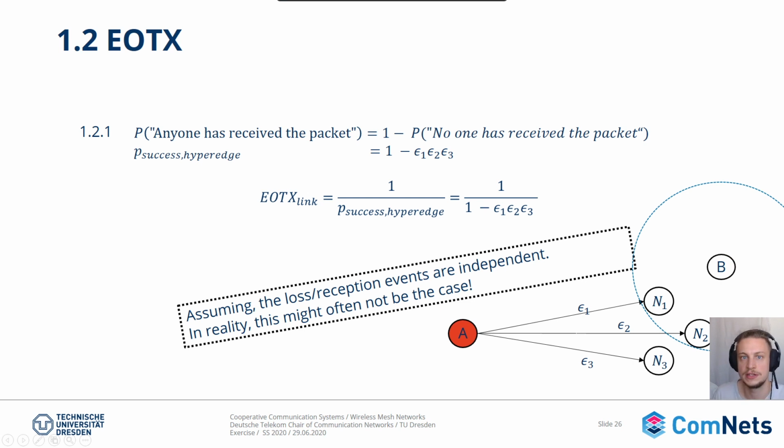The medium contention mechanism would fail, and A and B both start transmitting. So A and B are transmitting at the same time, which might jam the transmission for N1 and N2. And this would mean the losses are correlated then. This is just an example, but this assumption might be dangerous very often, but it's taken here for simplicity.